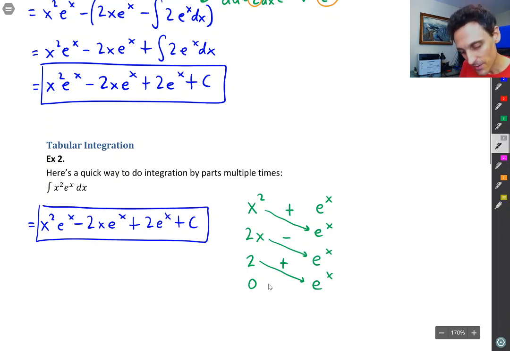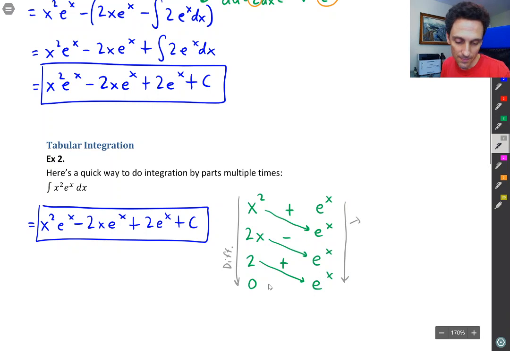So just so you have it down in your notes, remember that you're differentiating going down on the left, and then you're integrating going down on the right. So that's a much faster way of doing integration by parts, especially if you have to do integration by parts multiple times, like we did in example 2.